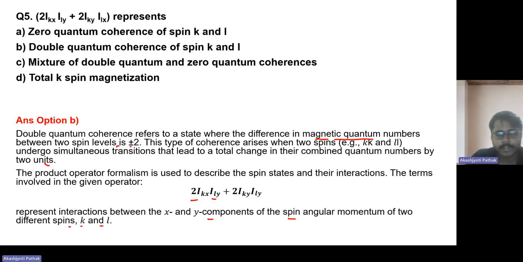Okay. So what does this 2IkxIly plus 2IkyIlx tell us?